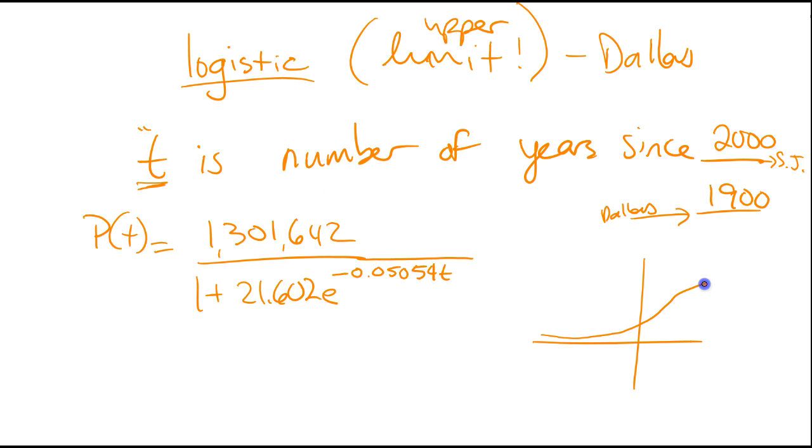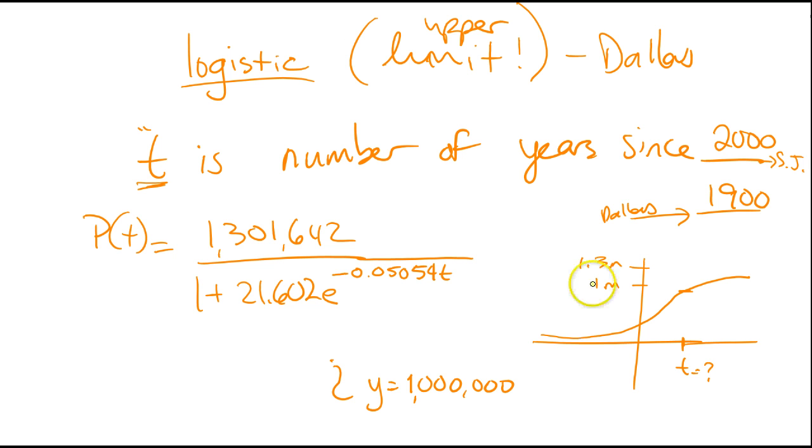So it's going to do something like this, and here's 1.3 million. And the question is, when was the population 1 million? So here's 1 million. How many years was that? So we can sort of do some calculations in here and take a look at the graph.